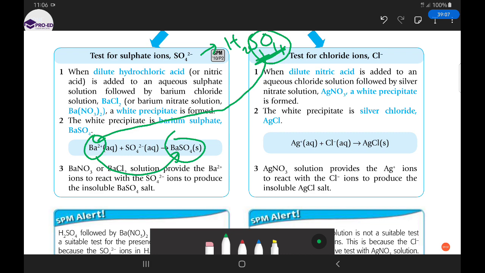So you will get a false positive, because the positive you're getting is for sulfate ions that were not present in the salt solution, but are coming from the sulfate ions you put in with your dilute sulfuric acid. So this test you can only do with hydrochloric acid or nitric acid, but not sulfuric acid, or else you get a false positive.